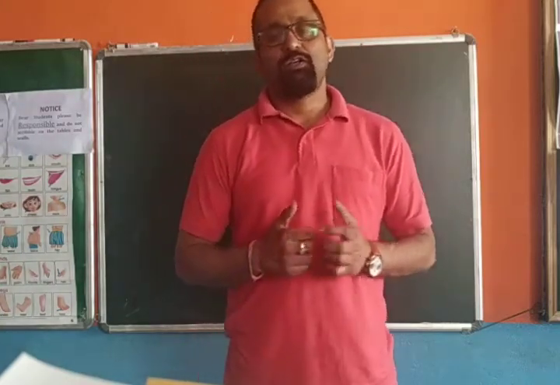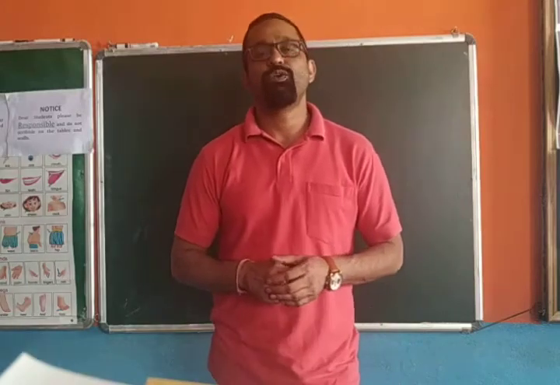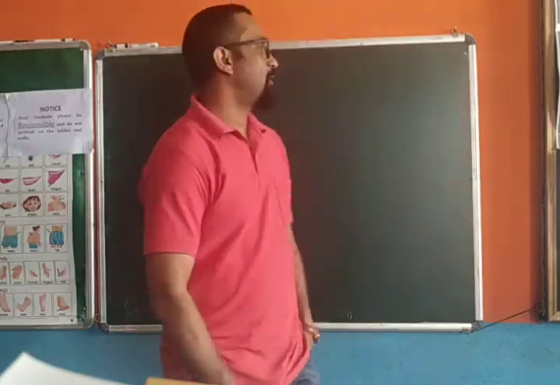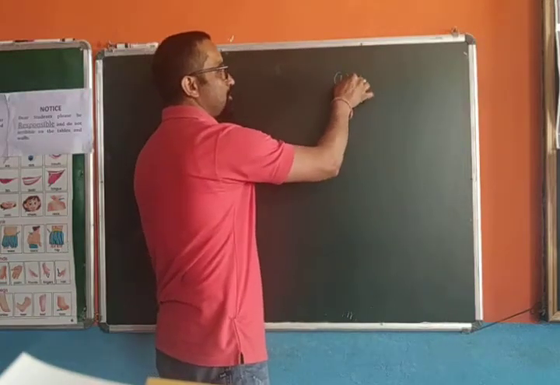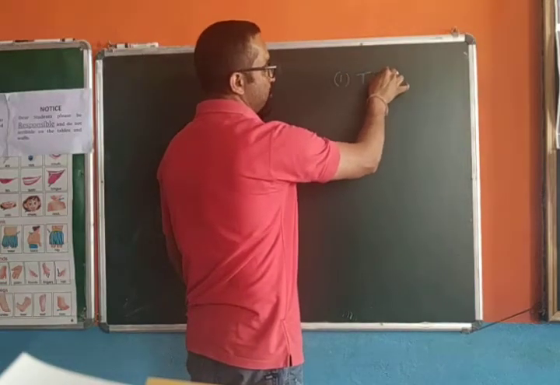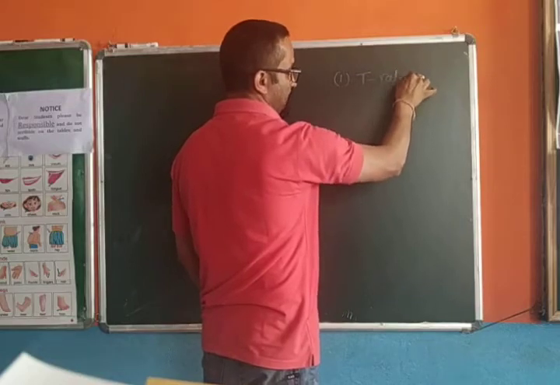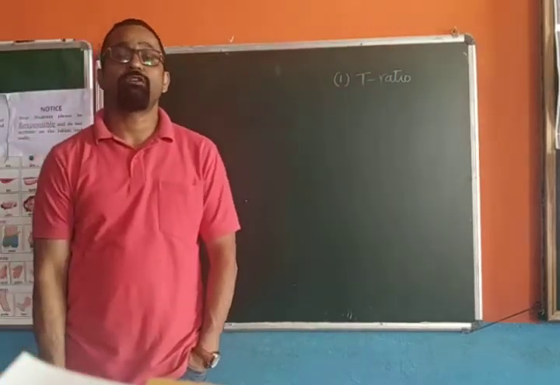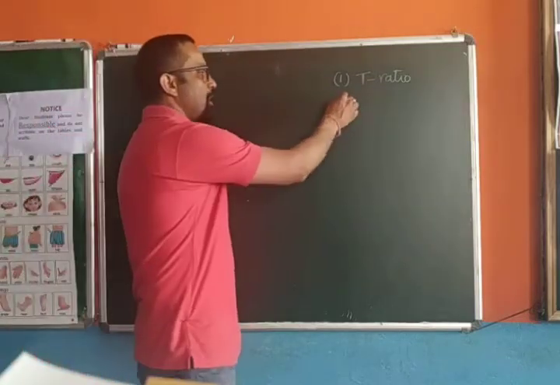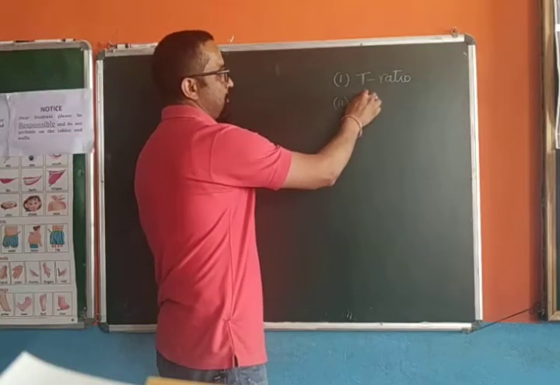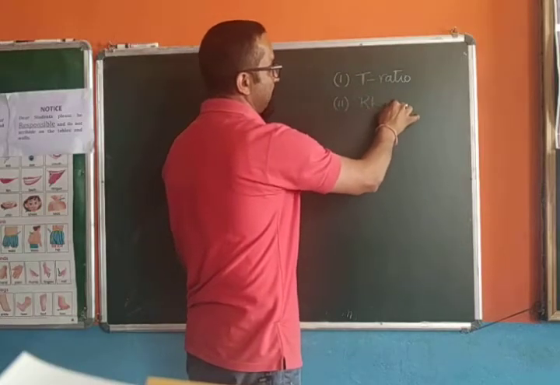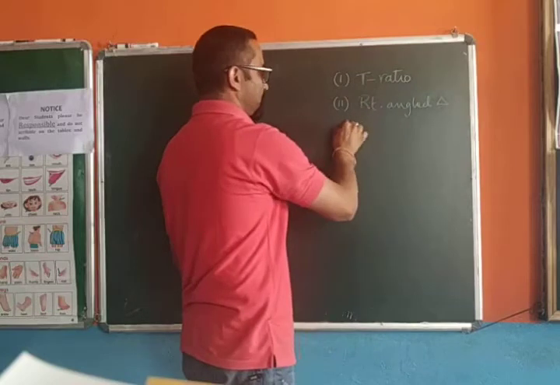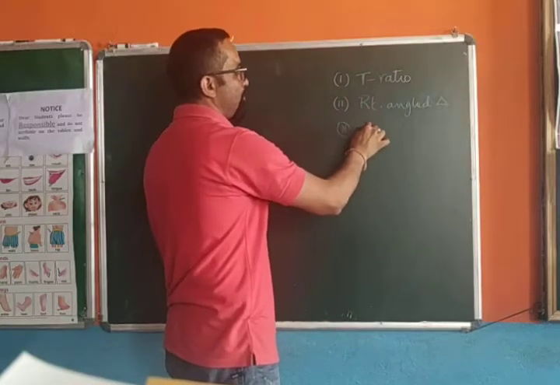In heights and distances, we will be dealing with four important terms. The first important term is called T ratio. T ratio stands for trigonometrical ratio. Second topic is right angled triangle. Third one is angle of elevation.